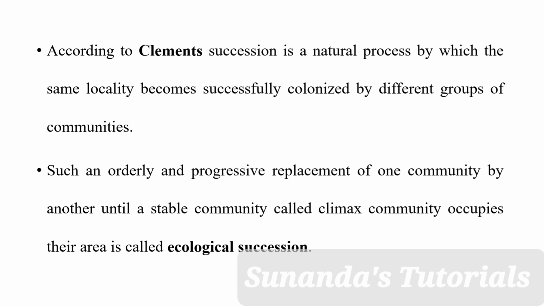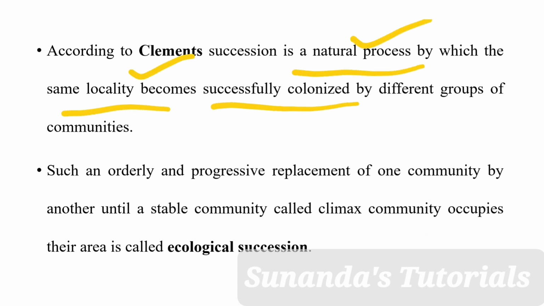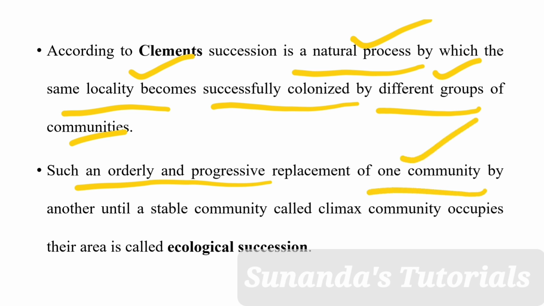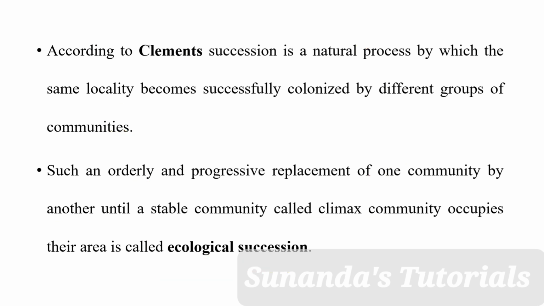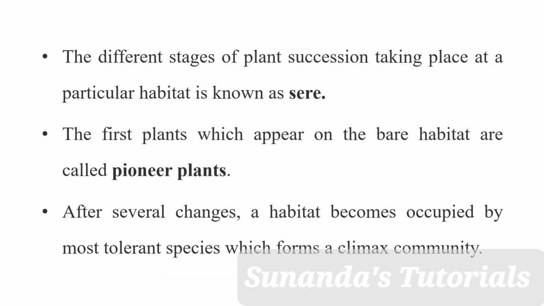According to Clements, succession is a natural process by which some locality becomes successively colonized by different groups of communities. Such an orderly and progressive development of one community by another, until a stable community called the climax community occupies the area, is called ecological succession. This succession occurs in an orderly manner.